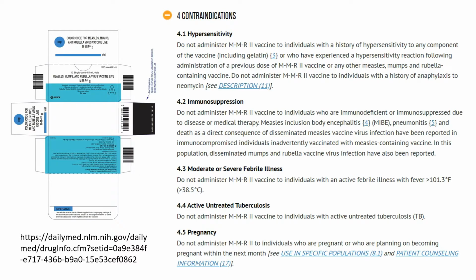For example, the MMR2 vaccine must not be administered in individuals with a history of hypersensitivity to any component of the vaccine and in people who are immunosuppressed or immunodeficient due to underlying illness or medications. Additional contraindications include fever, active tuberculosis, and pregnancy.